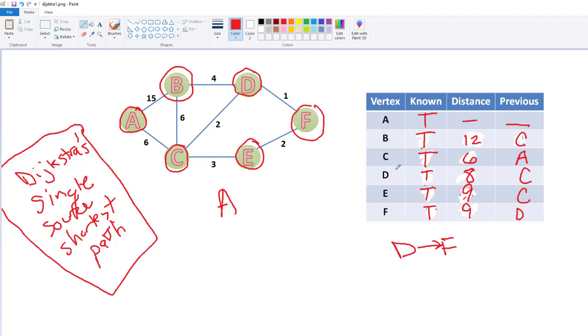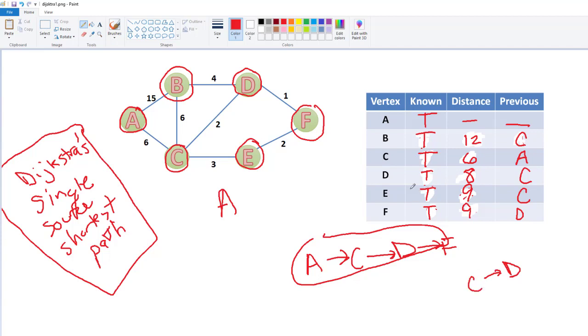It came from D. D came from C, and then C came from A. So you write that in reverse, and I've got the shortest path from A to F now. Very simple. What about from A to D? Well, if I look at D, D came from C, so I write that, and then C came from A, and then A is our single source. So that's exactly what I wanted.